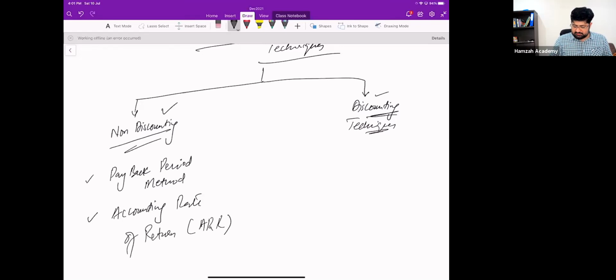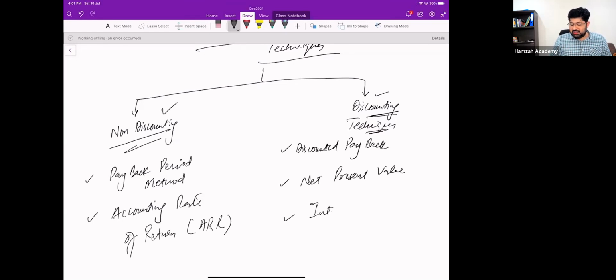Discounting techniques: discounted payback, net present value, and the third one is internal rate of return, IRR.